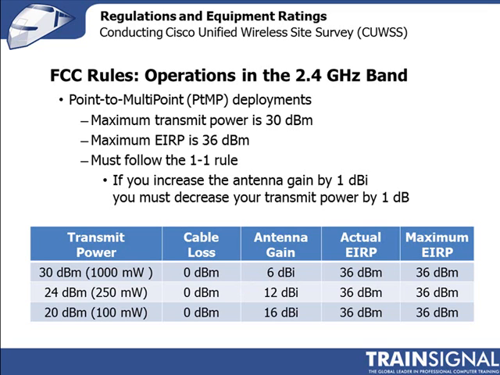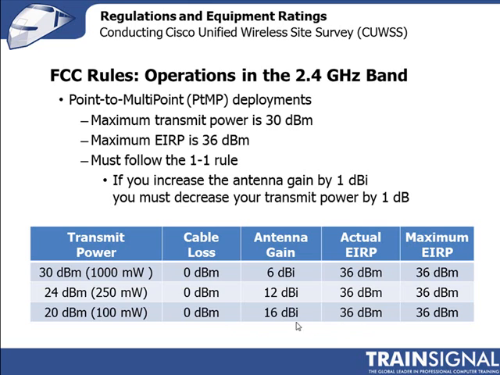But you can see down here in these lower examples that I have got 12 dBi and 16 dBi. But notice that I have reduced the power levels such that when you take the transmit power level plus any cable loss plus the antenna gain, you'll get back to the 36 dBm.